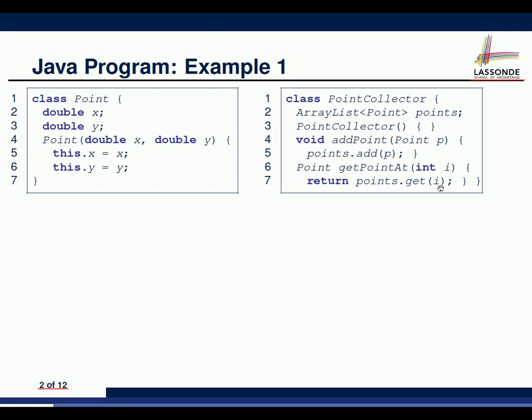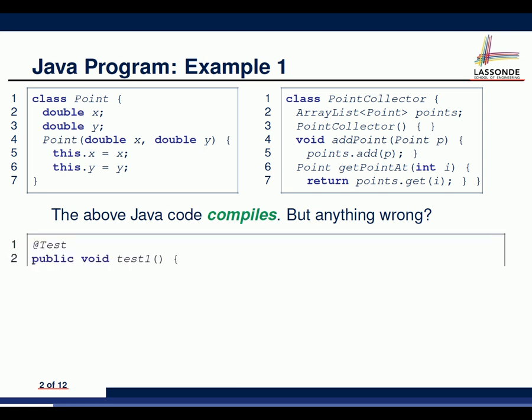Now, let's see this particular one. Okay, it compiles, but is anything wrong? That's the next question: anything that can go wrong. For example, let's do a test. Let's say we have a PointCollector object, PC, and we call PC.addPoints with a new point, 3 and 4.